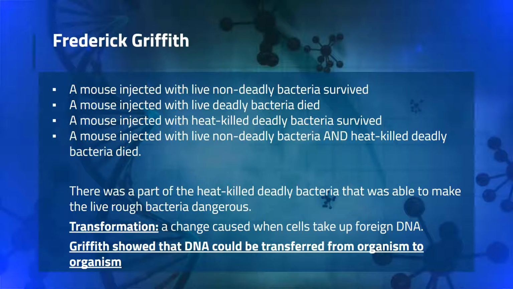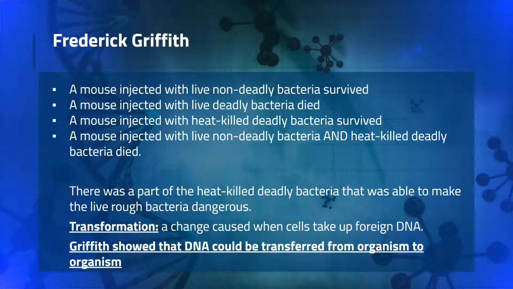This process is called transformation, and it's a change caused when cells take up foreign DNA. So the non-deadly bacteria were able to incorporate the deadly bacteria's DNA into their own genetic code, making the previously non-deadly bacteria suddenly deadly.